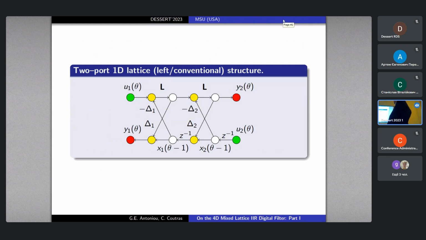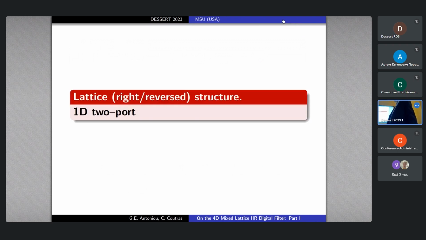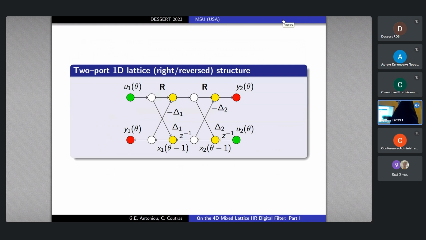Okay, 1D lattice, conventional, because you can see the arrows go left and left, left and left. Okay, this is what we learn in linear system. This is the basic lattice 1D filter. Okay, now, there is also another one, which is not in the textbooks.